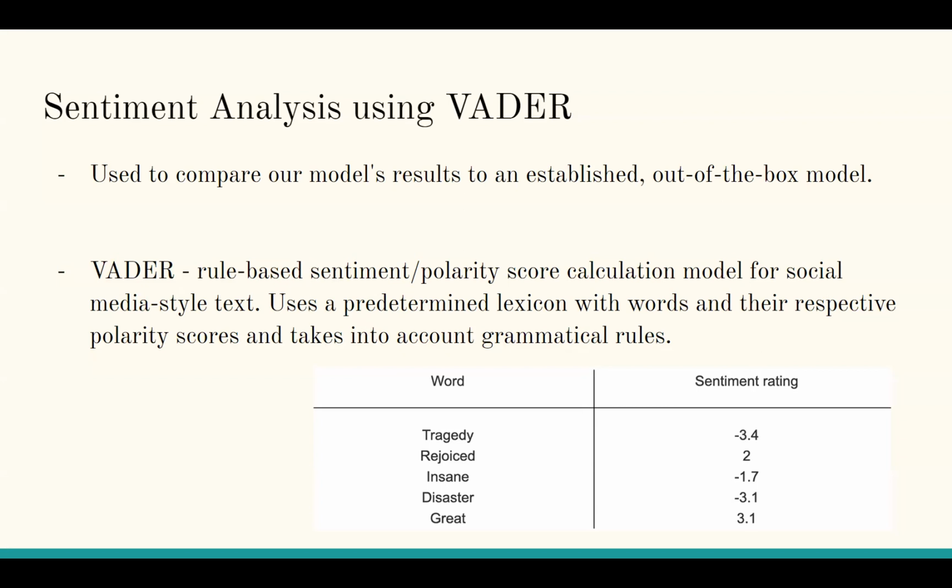Vader uses a predetermined lexicon with words and their respective polarity scores, which was constructed from results from over 90,000 human raters who attributed each word with a score from -4, which means a very negative sentiment, to 4, which means a very positive sentiment.